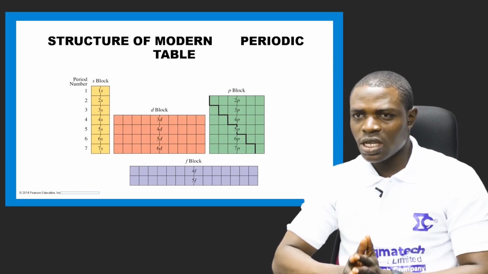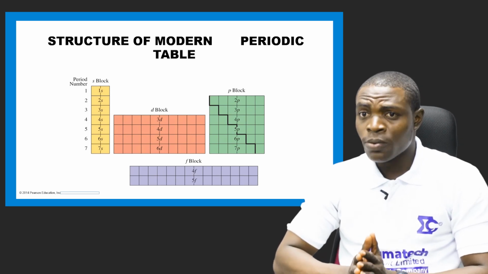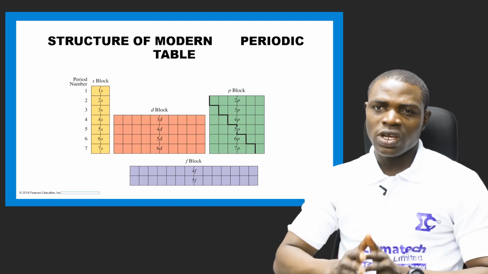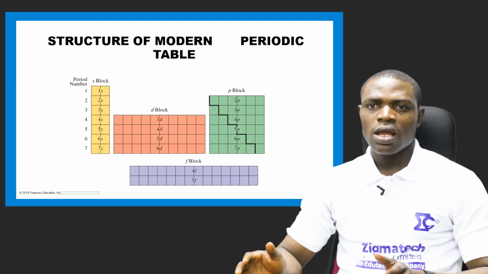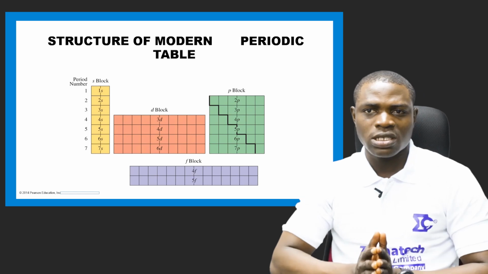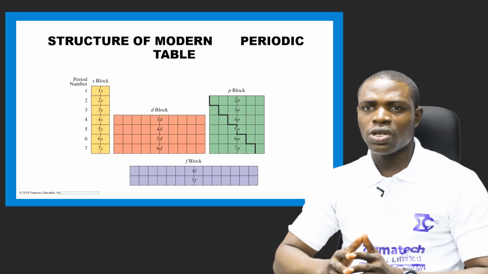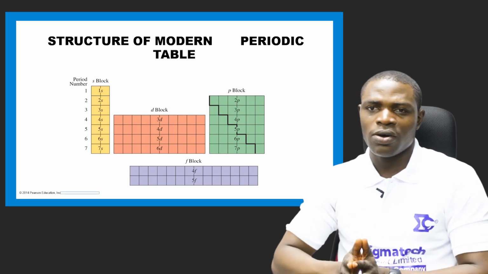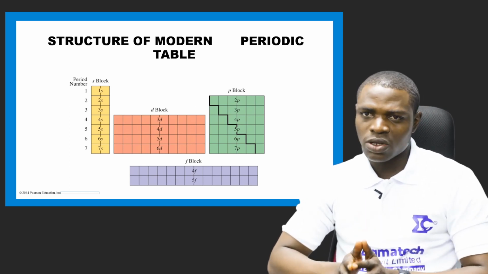Let me quickly reiterate, in case you are not aware of how the elements are arranged in each of the blocks. In the S block, which is the first block in the modern periodic table, we have elements arranged in order of their increasing atomic number.